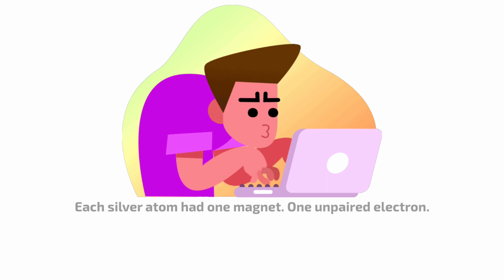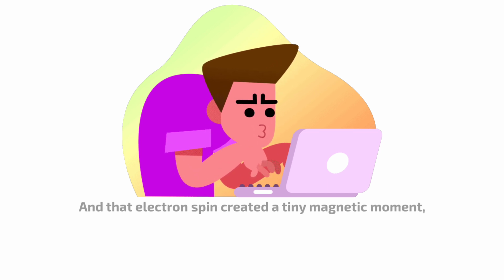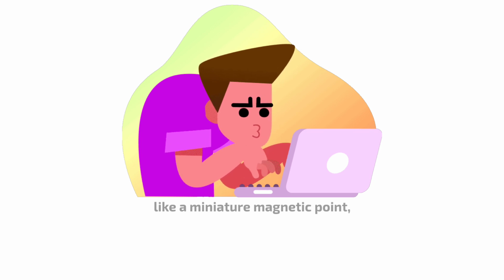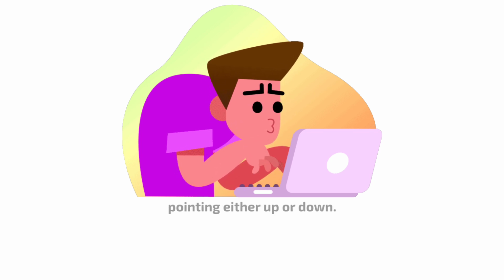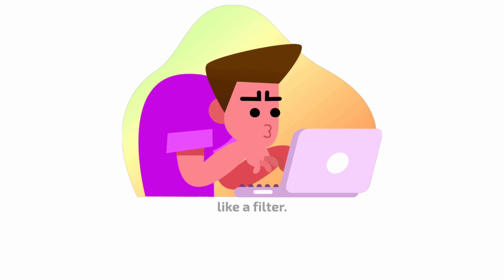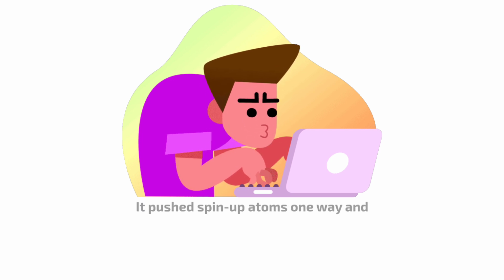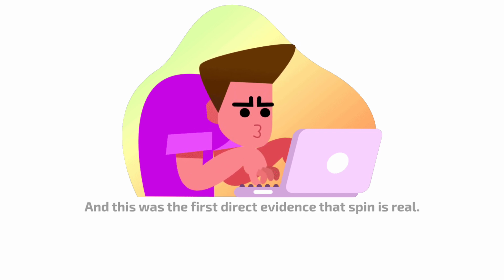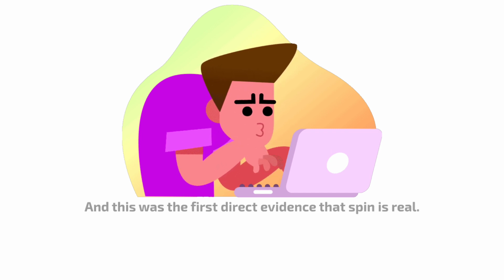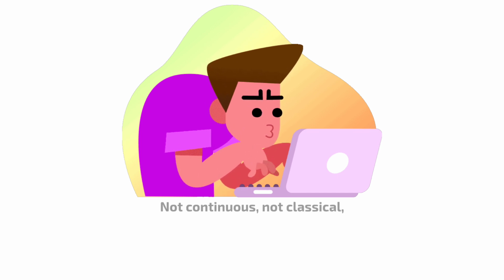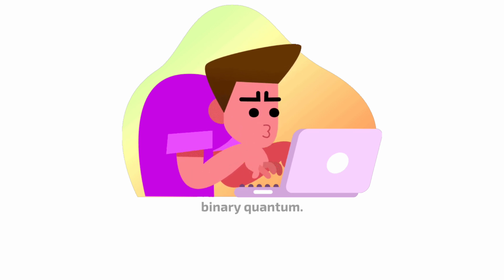Each silver atom had one unpaired electron, and that electron's spin created a tiny magnetic moment, like a miniature magnet, pointing either up or down. The magnetic field in the experiment acted like a filter. It pushed spin up atoms one way and spin down atoms the other. And this was the first direct evidence that spin is real and that it's quantized. Not continuous, not classical, binary, quantum.